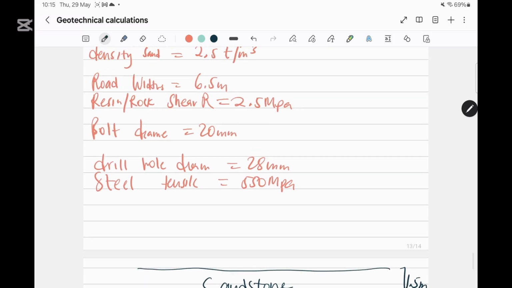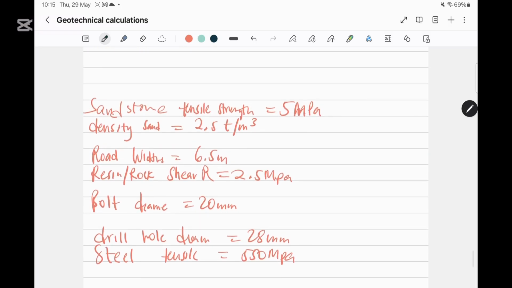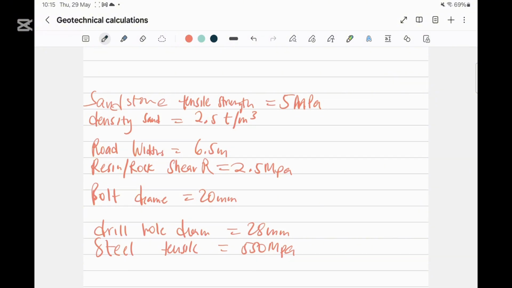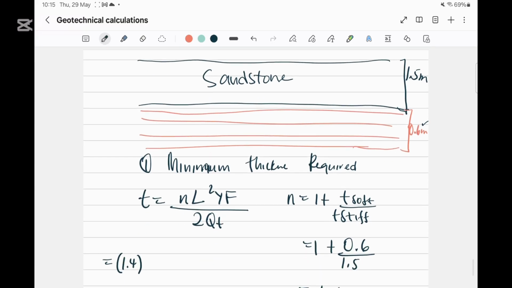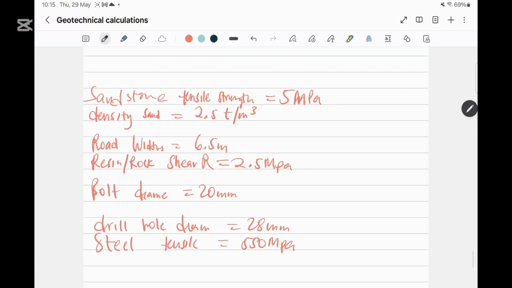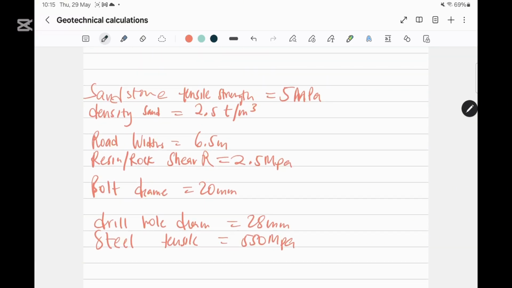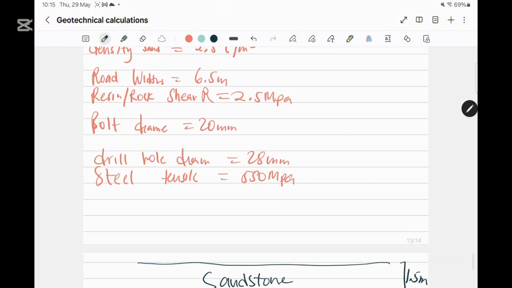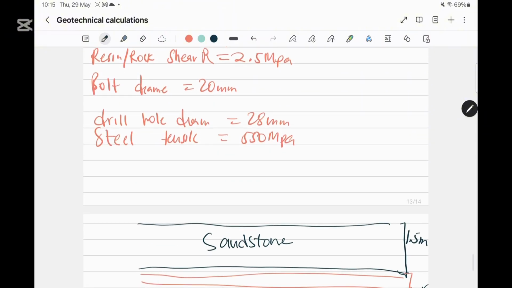Your L is the road width. It's like the maximum self-supporting span, it's the L. So our L we're given as the road width there, 6.5. It's what determines how much we're gonna cut our rock to get the road width.